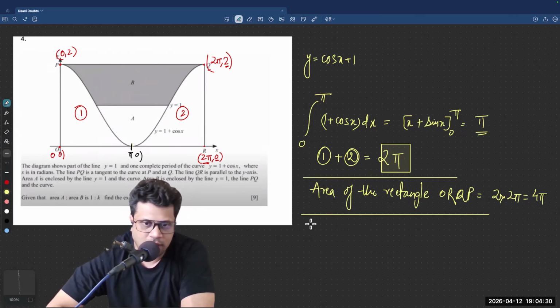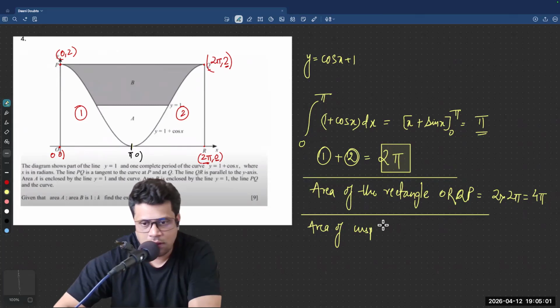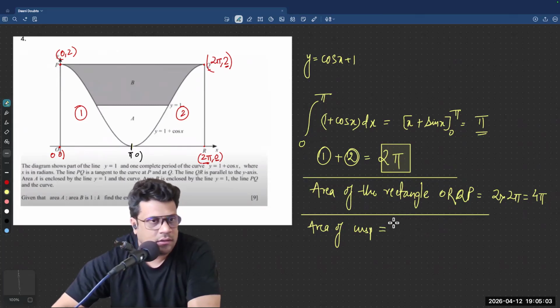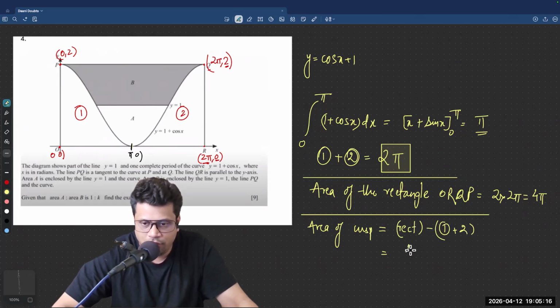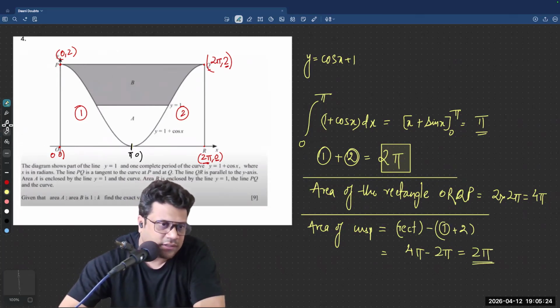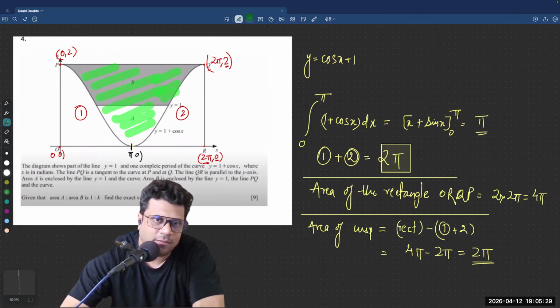So the area of the cusp, you can call it a cusp, is going to be the rectangle minus 1 and 2 added. Well, that's basically 4 pi minus 2 pi. It's a total of 2 pi. So now we have the area of the cusp, this thing. It came out to be 2 pi.